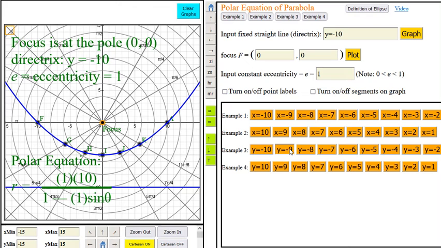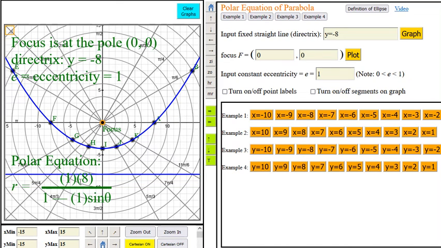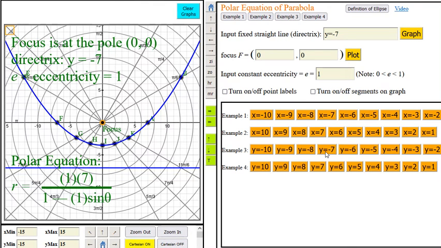Here we have directrix negative 9, and so we get 9 here. Here we have directrix negative 8, so the absolute value of negative 8 is 8. Then we have directrix y equal to negative 7, and we get a 7 here.